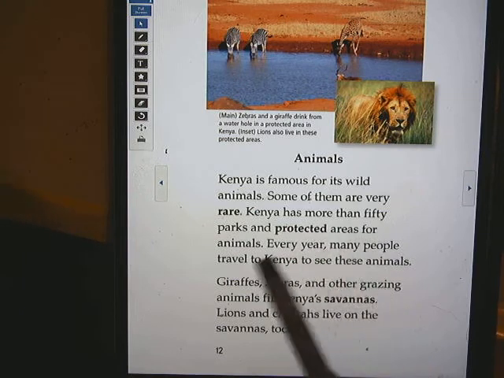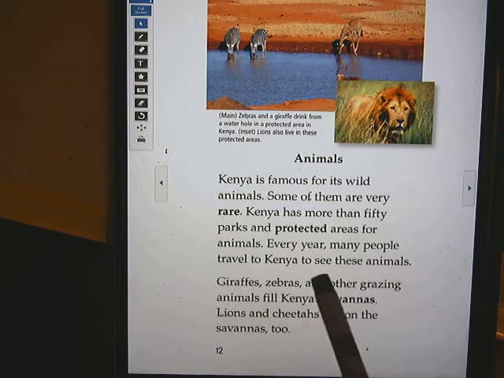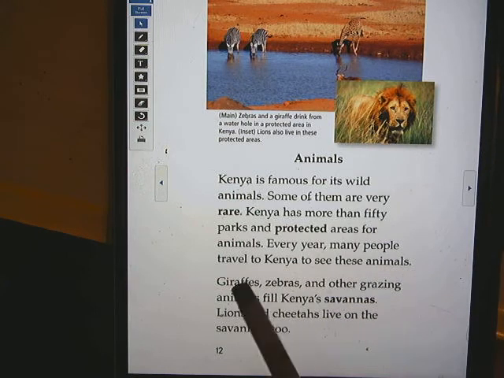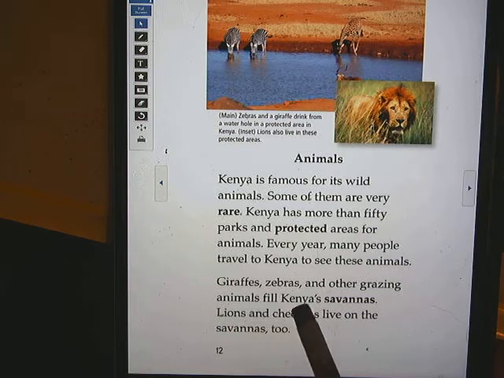Kenya has more than 50 parks and protected areas for animals. Every year, many people travel to Kenya to see these animals. Giraffes, zebras, and other grazing animals fill Kenya's savannas. Lions and cheetahs live on the savannas too.